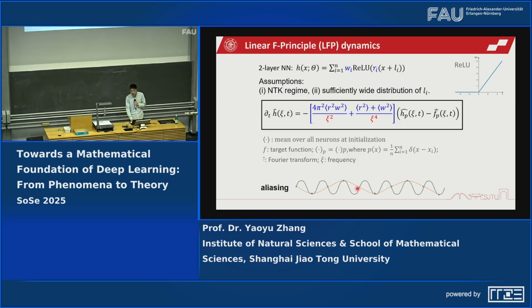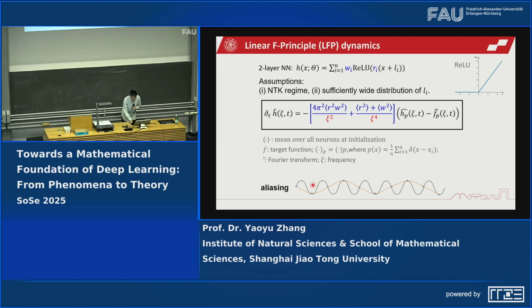Therefore, you can see aliasing could happen in the sense that H is not necessarily equal to F, right? For example, if H here is this yellow line, you can still see the HP Fourier transform is equal to the FP Fourier transform, because at these training samples, these two functions, this yellow line and this target function, align perfectly. Therefore, these error terms will become 0.